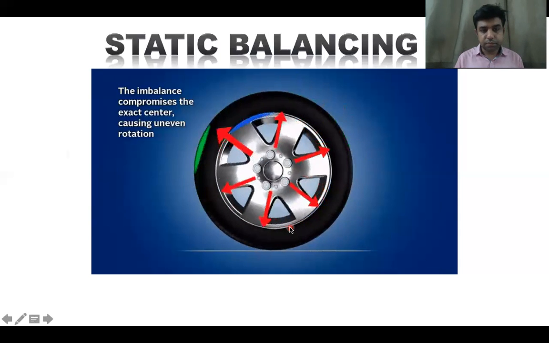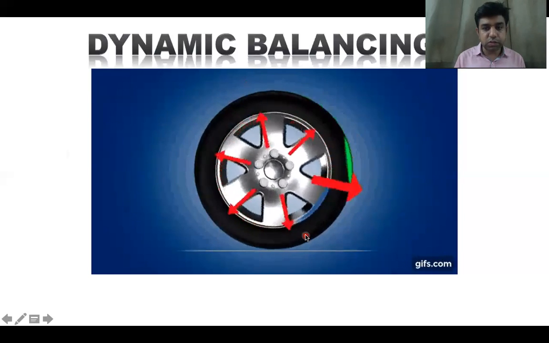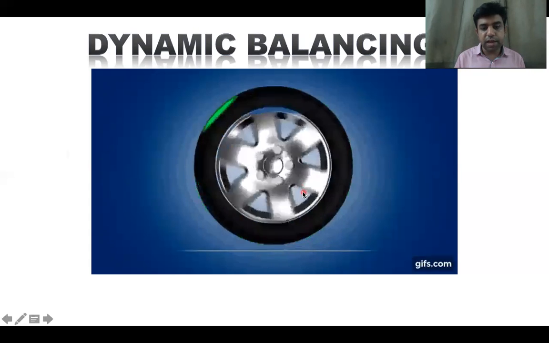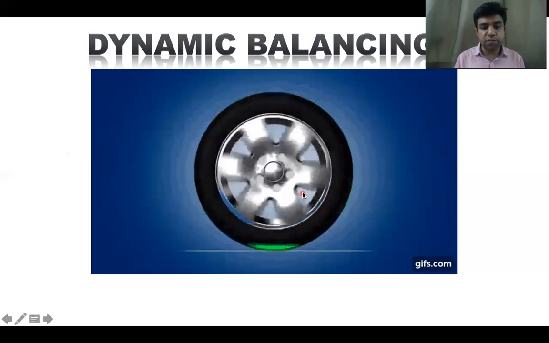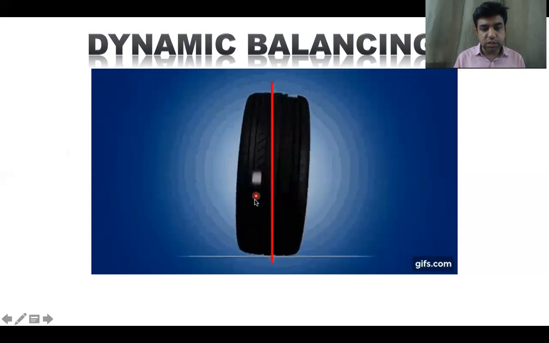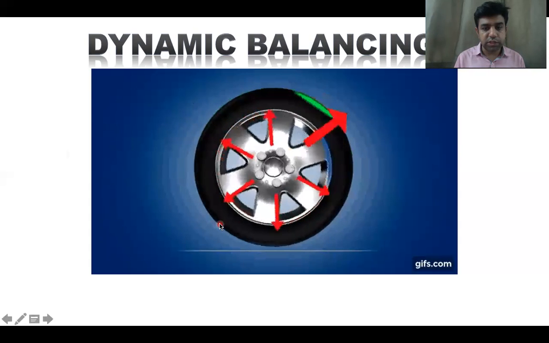Now, the second one is dynamic imbalance. Dynamic imbalance may have an oblong movement. Apart from that, when we take a side view of the wheel, you will notice there is an uneven distribution of mass at different sections, right?